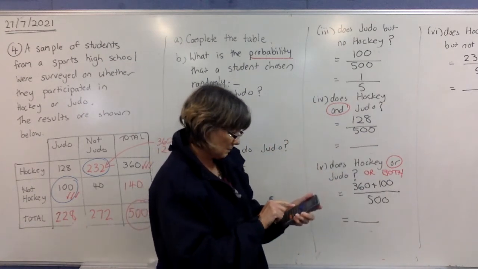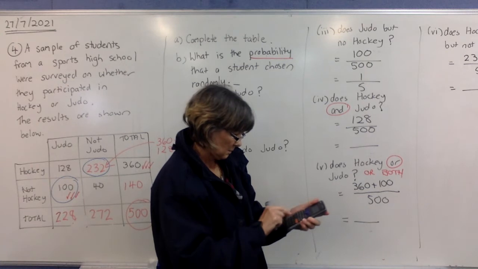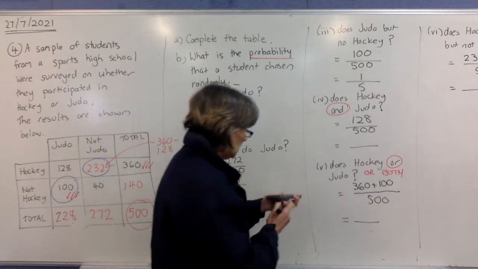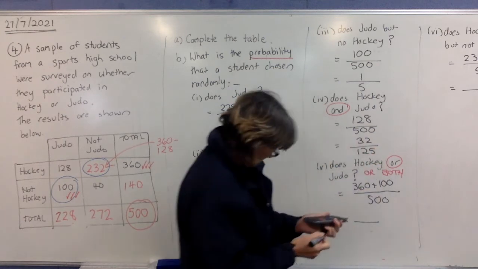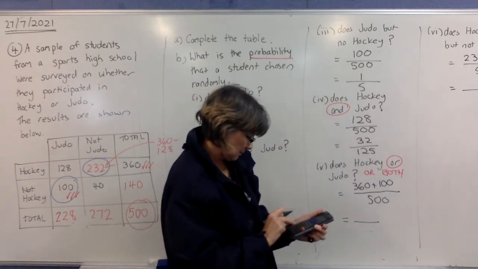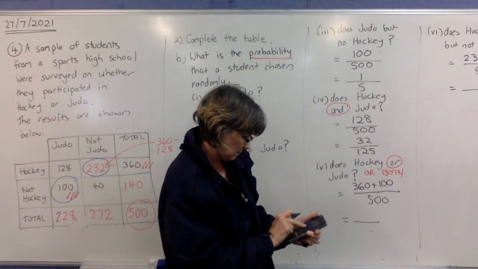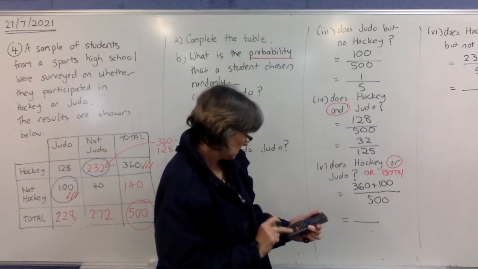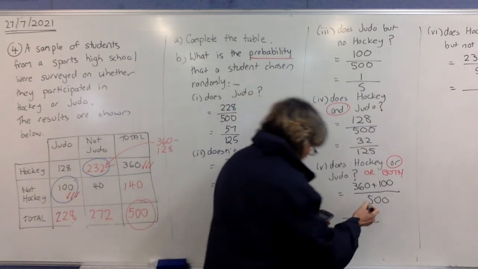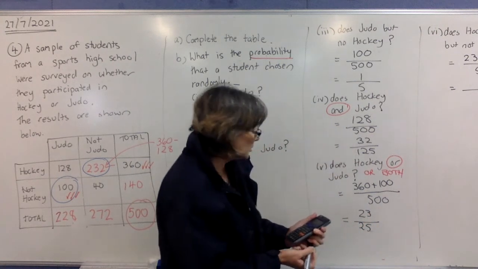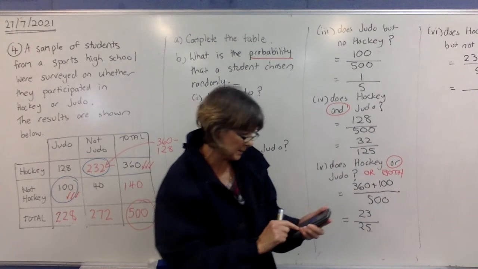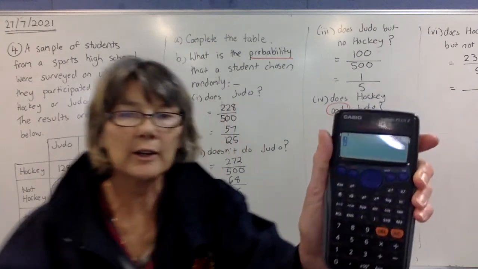This one here is 32 on 125. And this one ends up 23 over 25. When you're doing that one, don't forget that you can still press your fraction key.